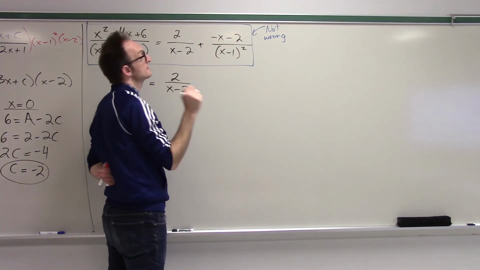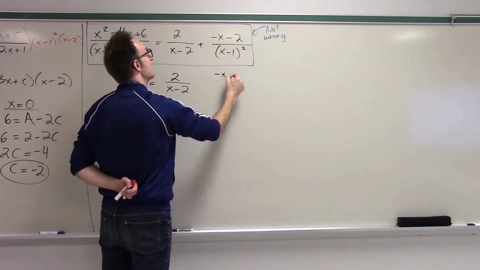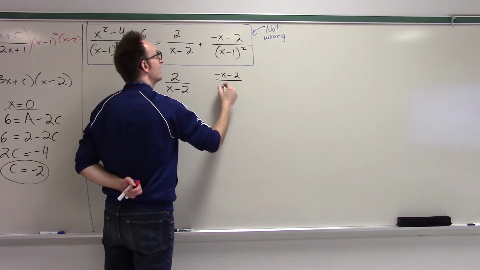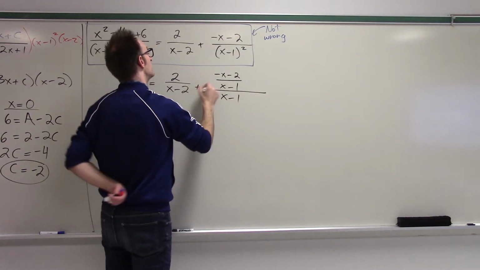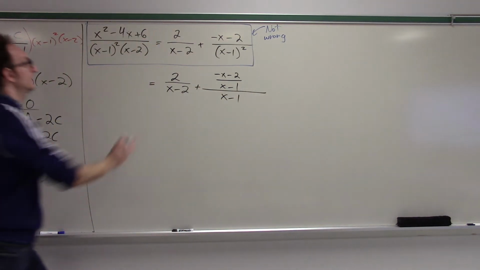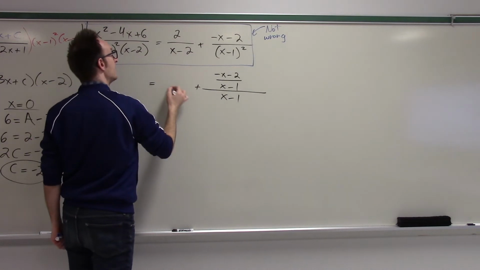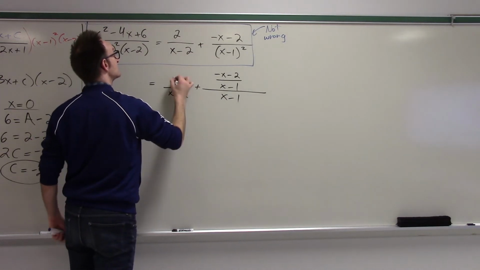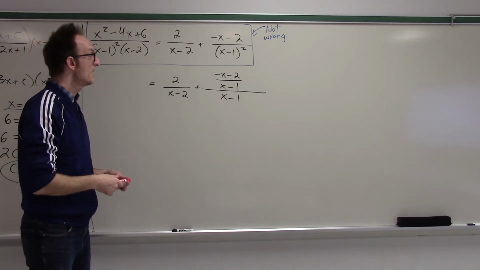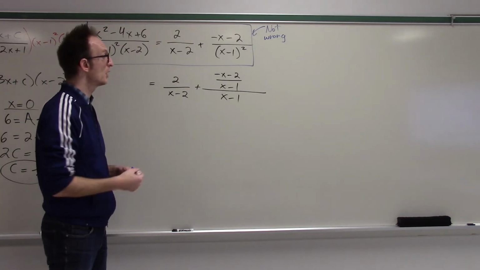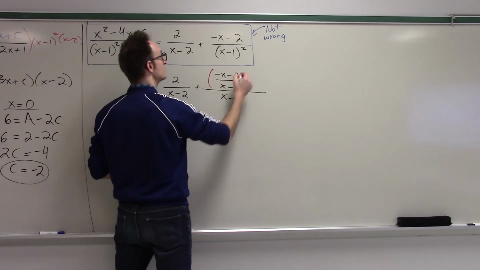So rewrite this negative x minus 2 as negative x minus 2 over x minus 1 over x minus 1. Put a plus here. Okay, that's maybe a strange thing to do. What are the advantages of doing this?